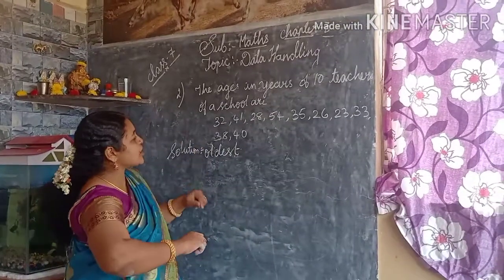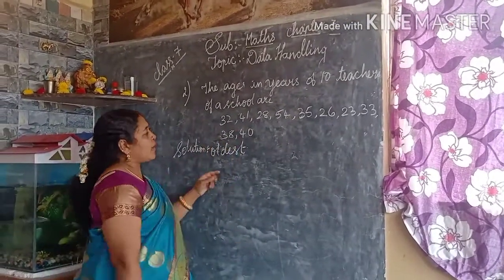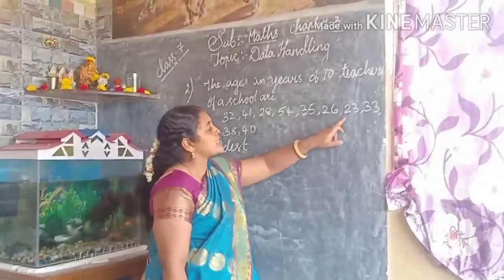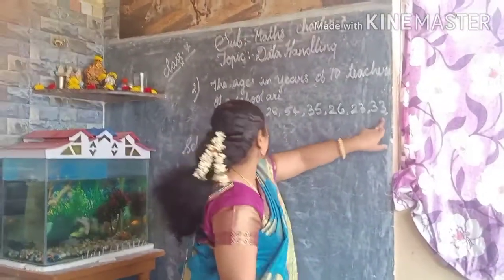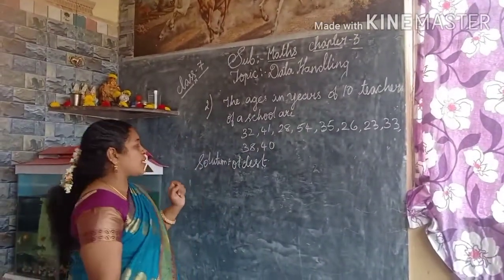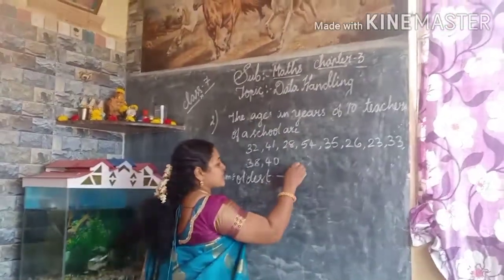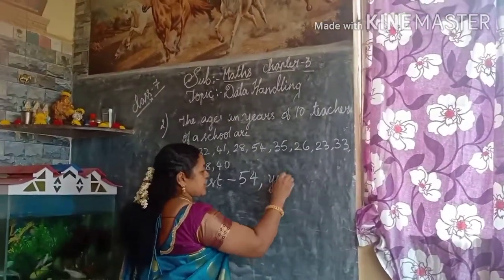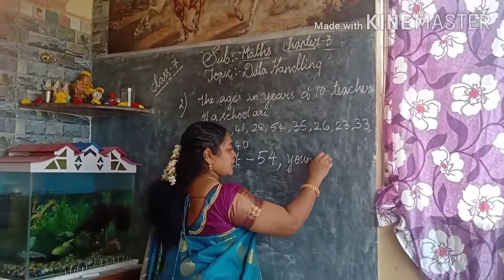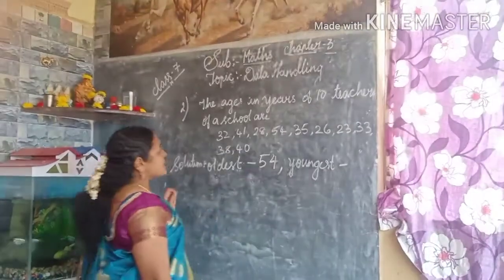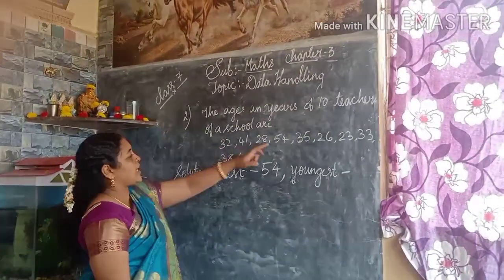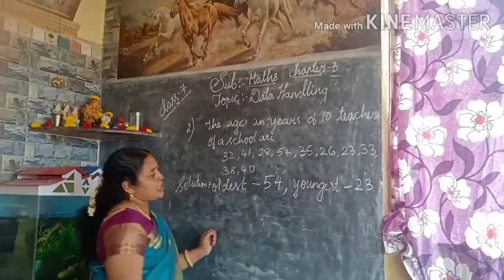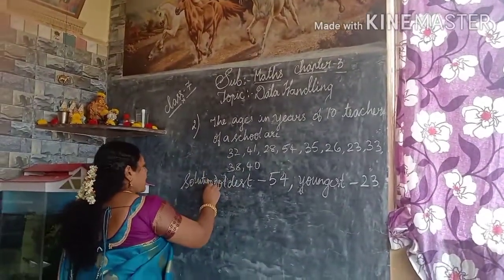Which is the oldest teacher among all these? 32, 41, 28, 54, 35, 26, 33, 23, 33, 38 and 40. So we have 54 as the oldest. So who will be the youngest? Which is the youngest here? We will have 23. So our first question is solved.